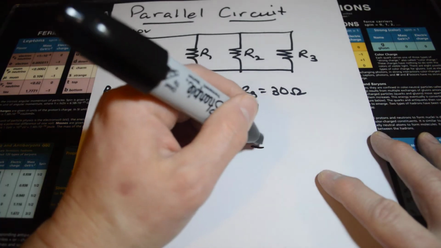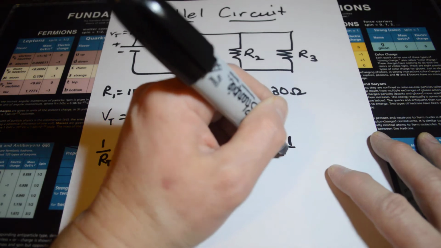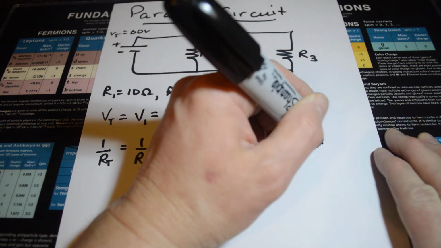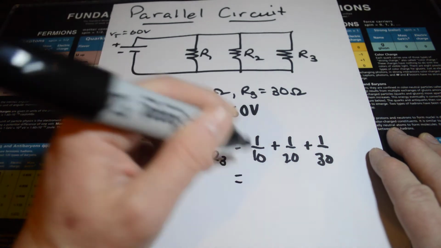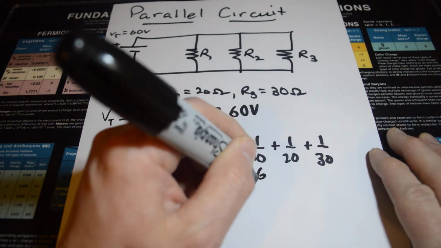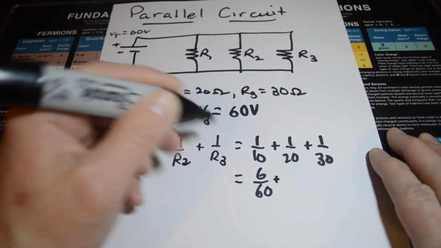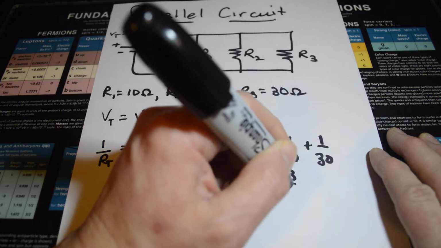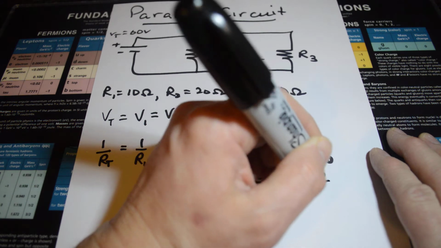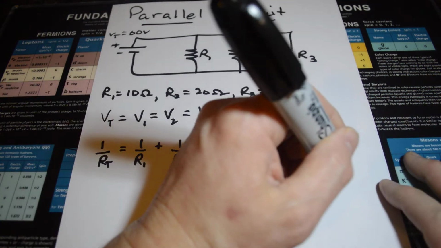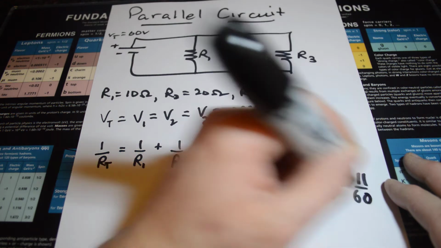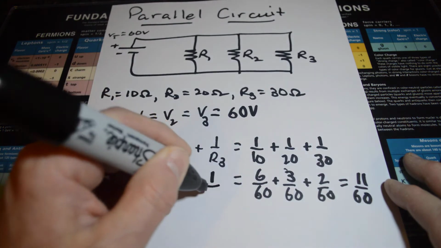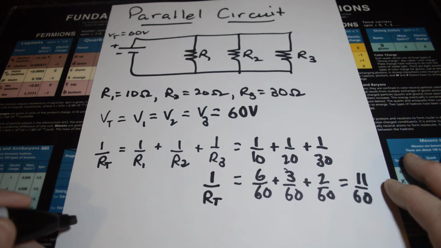If we put in 1 over 10 and 1 over 20 and 1 over 30, we'd have to find a common denominator, and the common denominator might be 60, so see if you agree with 6 over 60, and then 3 over 60, and 2 over 60. Sure enough, when we add those together on the top, we get 11 over 60. But that's equal to 1 over our total.